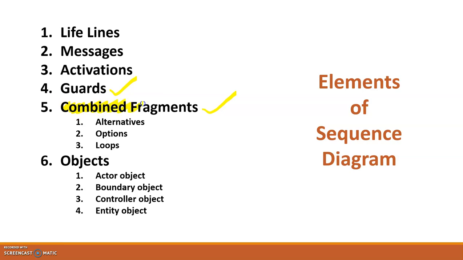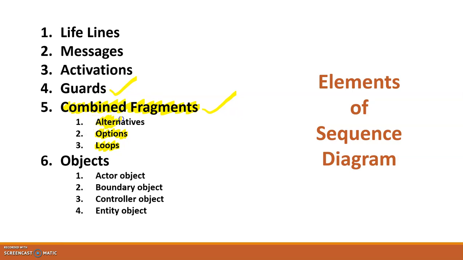Combined fragments are nothing but three structures. One is loops, when you want to repeat some task or some steps. Then we have the options. Options means only one condition. If it's true, then do whatever is mentioned, otherwise you don't need to do anything, right? That is the options.